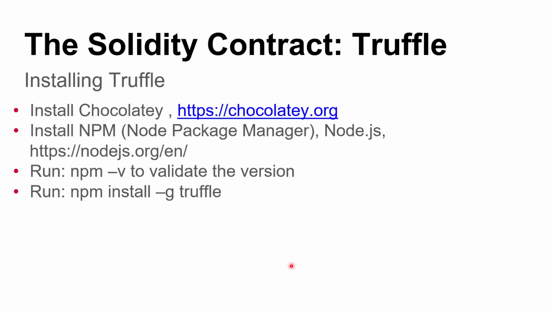So to install Truffle, you can start by installing Chocolatey. We do need Node Package Manager and Node.js. And to install Truffle, we want to run this command right here, npm install -g truffle. One place you may also want to go is onto the Truffle community's website and look at the steps there for installing Truffle, because there are several different ways.